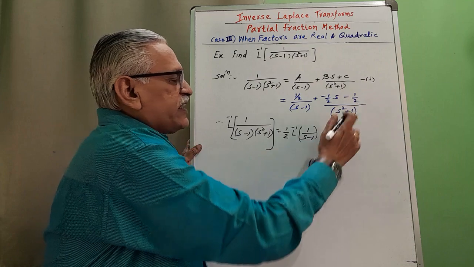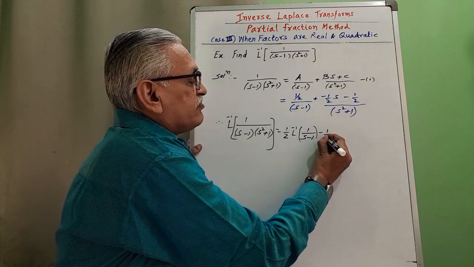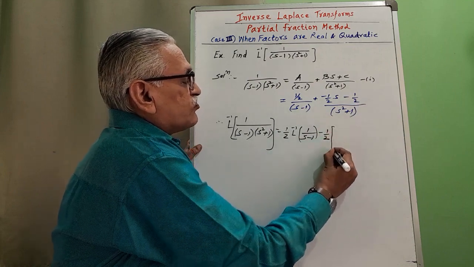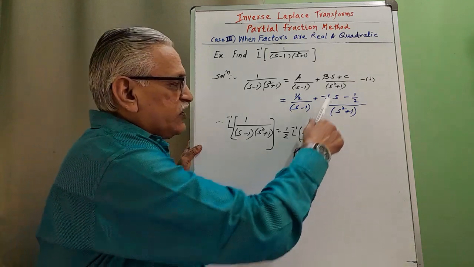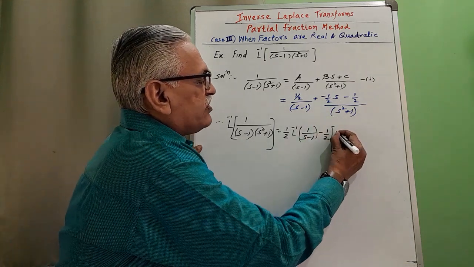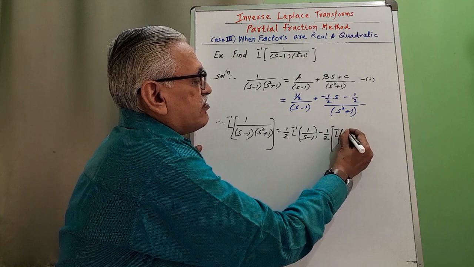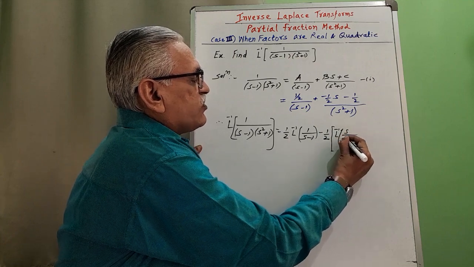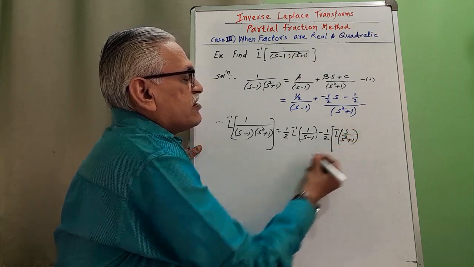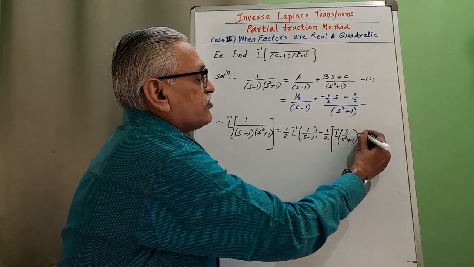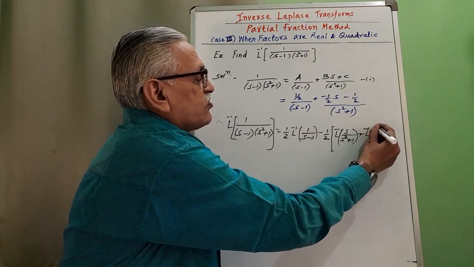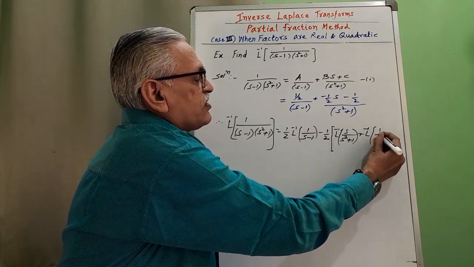From these two terms I can take minus 1 by 2 common, and inverse of s upon s square plus 1, separately dividing by s square plus 1, and plus 1 upon inverse of 1 upon s square plus 1.